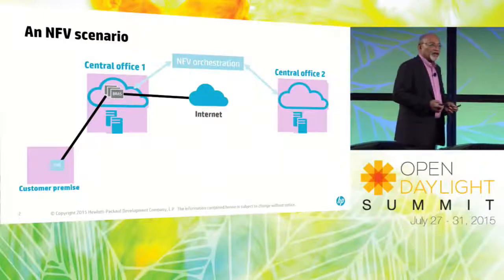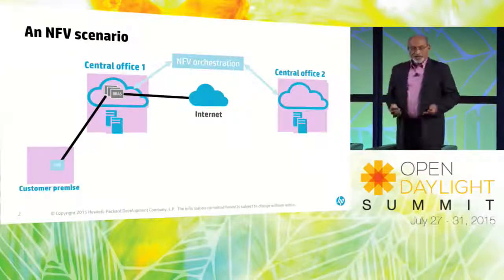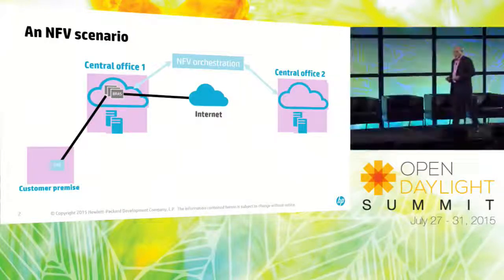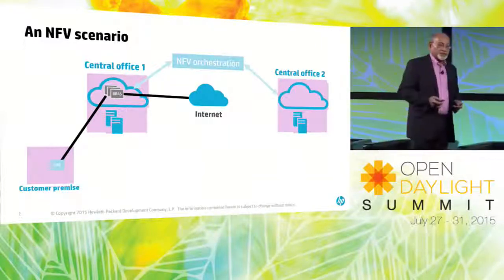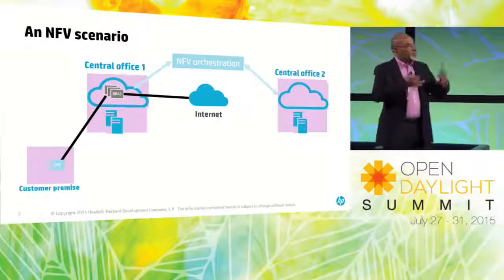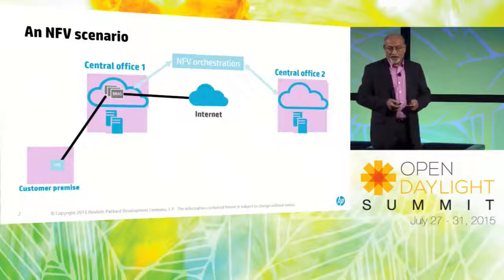You have customers accessing internet services through a subscriber management element, the BRAS element there, but this is running virtually, so it's a virtual BRAS running in Central Office 1. And there's an orchestration system which has a domain of control of a couple of central offices.